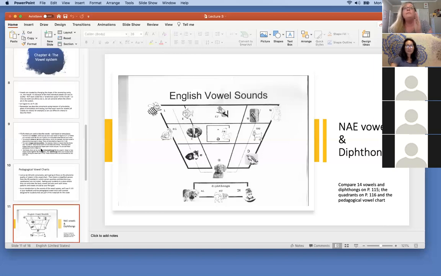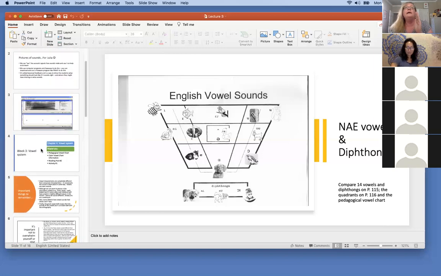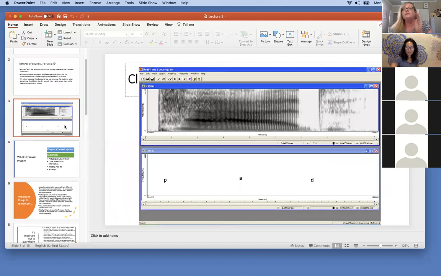If you remember looking back at this, for example, you see where I had these formant structures for pad or cat. If you look at the difference between a schwa, the unstressed vowel, and the caret, the stressed central vowel, you see they have similar formant structures, but the stressed central vowel is much longer than the schwa.